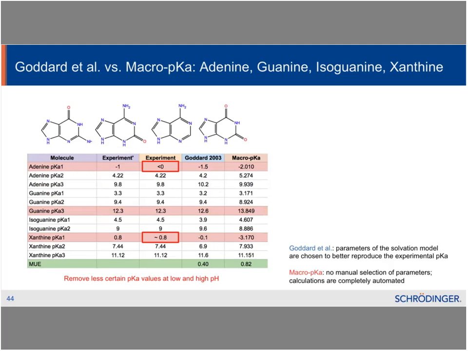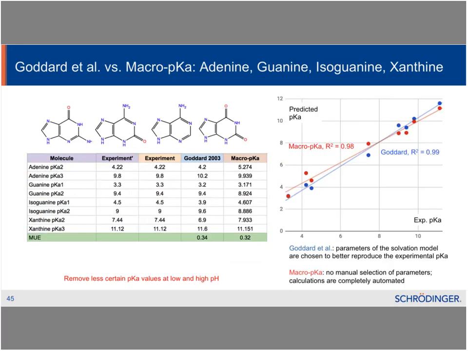They are uncertain. So if we remove them just to see if we can do better in a pH range which is more important for drug discovery. If you remove those uncertain data at large and low pH, we actually are doing now a little better than Goddard and co-workers, and our correlation is just equally good, and we get as good a result as it can get.